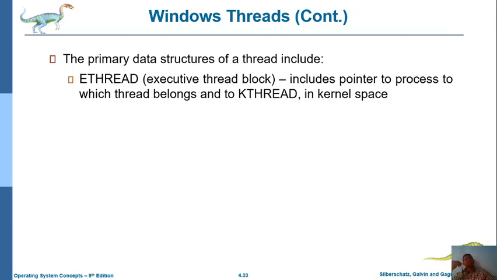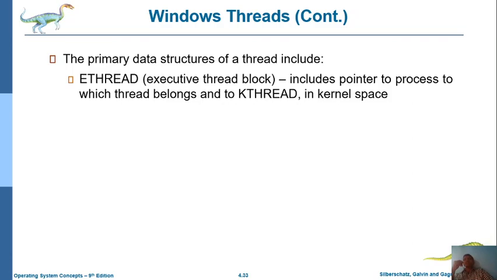Coming to the first one, E thread. Here E thread indicates executive thread block, also represented as ETB. E indicates executive, T indicates thread, and B indicates block. This executive thread block is used to include the pointer to the process to which the thread belongs, and to the K thread.